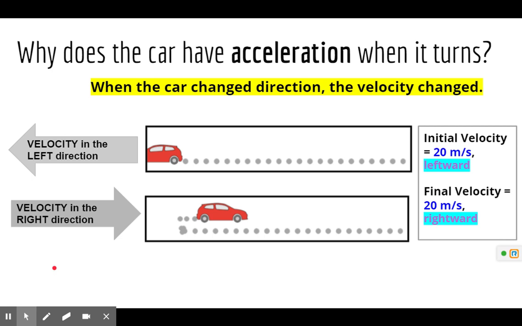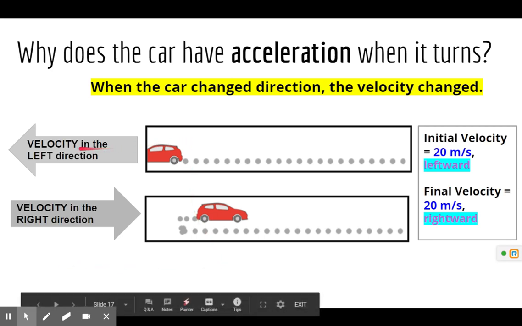Why does the car have acceleration when it turns? When the car changed direction, the velocity changed. Remember, velocity is speed plus direction. If the direction changes, the velocity vector changes. In the first frame, we have velocity in the left direction.